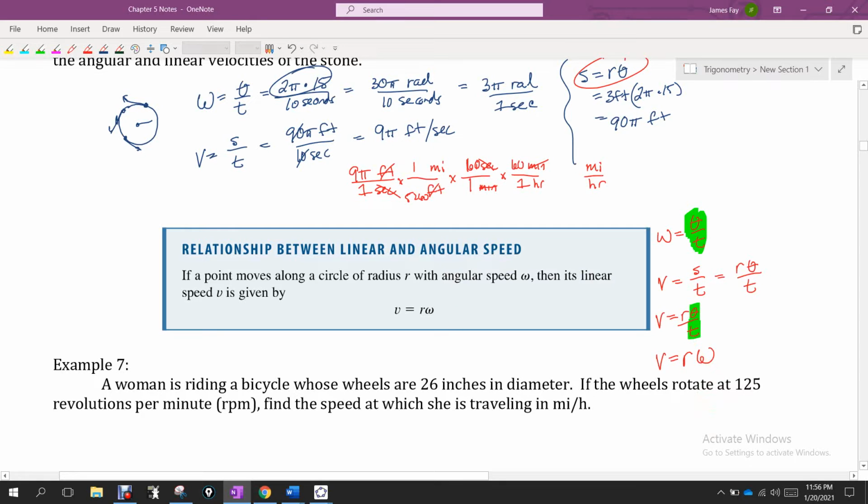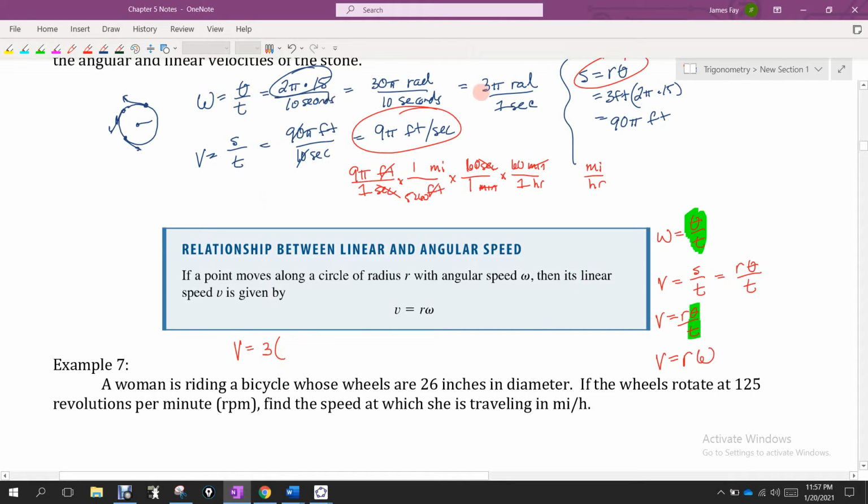So we already figured out linear velocity here was 9 pi feet per second. Let's see if we can come up with the same thing using this relationship. V, linear speed, is equal to r, which was 3, times omega.